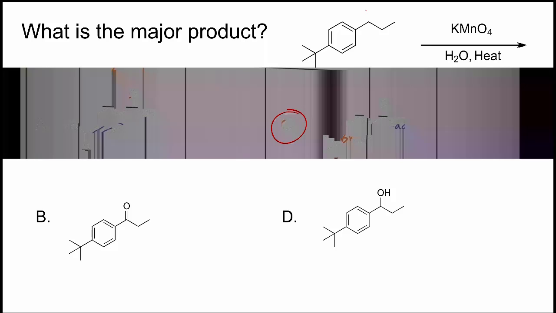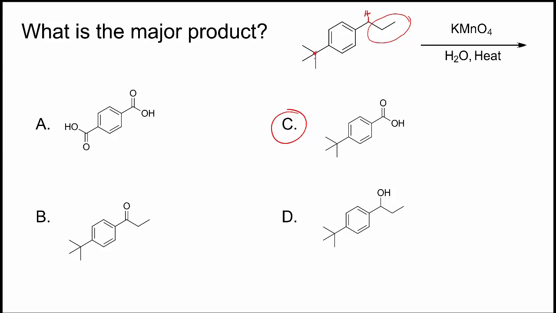We have one benzylic hydrogen there. That's going to get oxidized all the way to the carboxylic acid, and all of that gets cleaved off. There's no oxidation at this position because there's no hydrogens there. Very good.